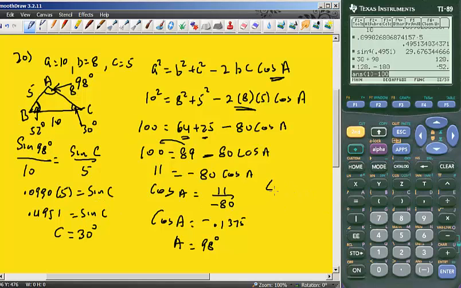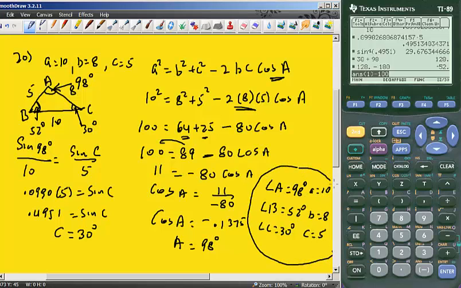My angle A is 98 degrees, angle B is 52 degrees, angle C is 30 degrees, and side A is 10, side B is 8, and side C is 5. And there it is. Found all the angles and all the sides, and I was given 3 sides originally. That's it.